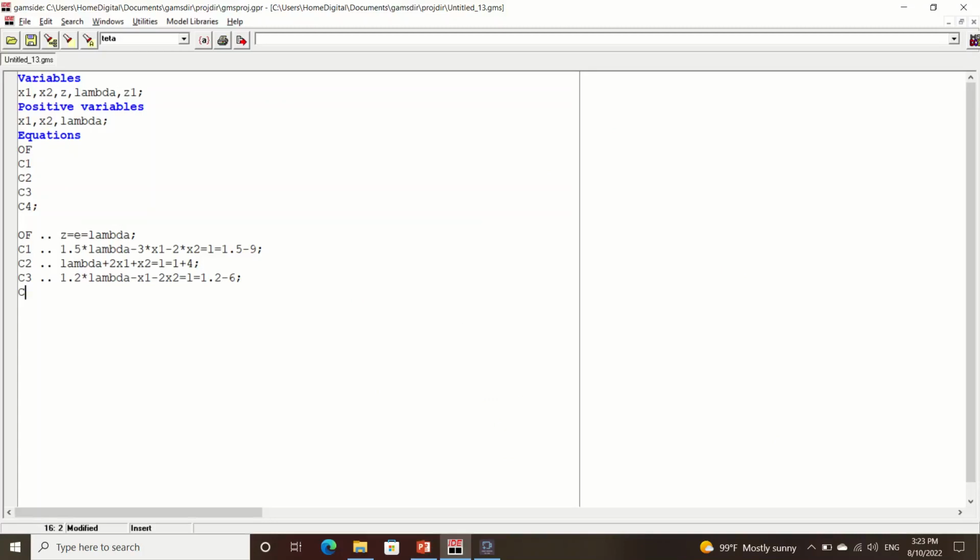And the last constraint related to the main objective function, the expression.